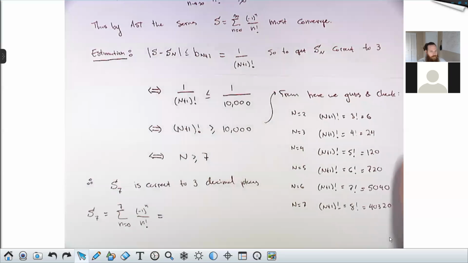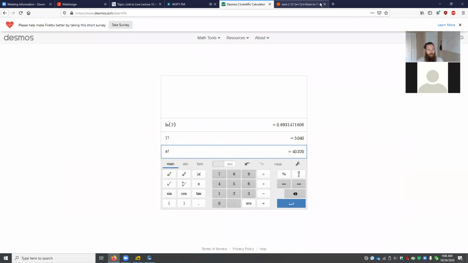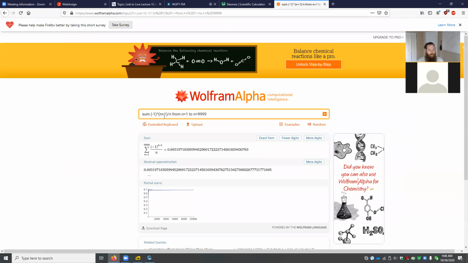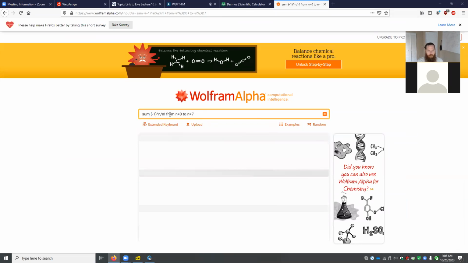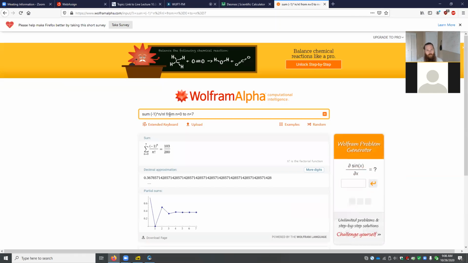Let's see what that is. (-1)^n over n factorial summed from n equals 1 to n equals 7. Here we get 103 over 280.